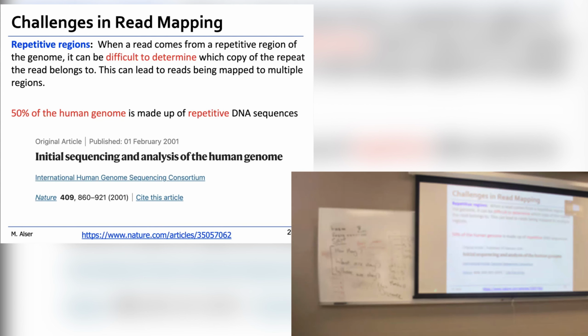Now, there is one important point that we should take care of, which we already covered twice in the lecture, which is called repetition or duplication. So we know that the human genome has about 50% of it just repeated. It repeats itself.